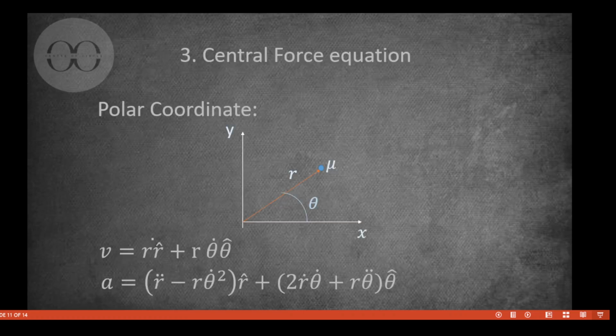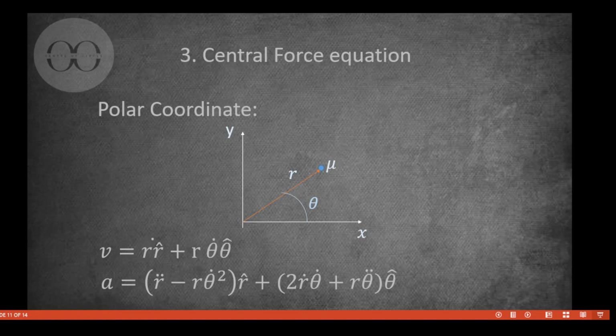So that's what we drew here, that a single particle with mass mu is located at a distance of r from the origin, and it makes an angle of theta with the horizontal axis, the x-axis. So here we can write our position vector r vector equals r times r hat.